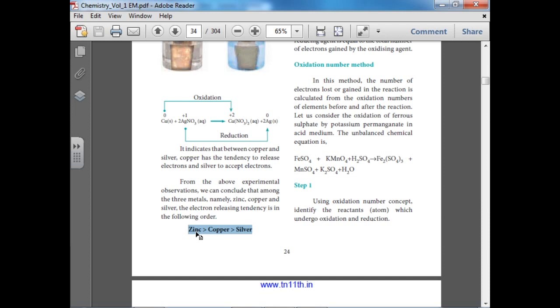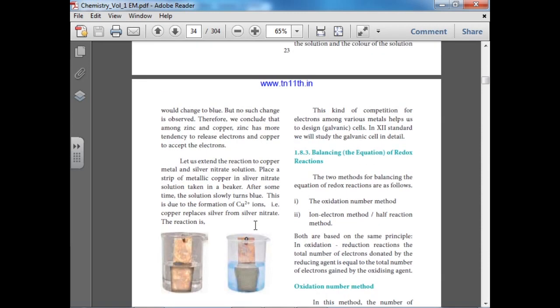Zinc is the maximum electron donating character, then copper, then silver. So average donating capacity is copper and minimum electron donating capacity is silver. Thank you, students.